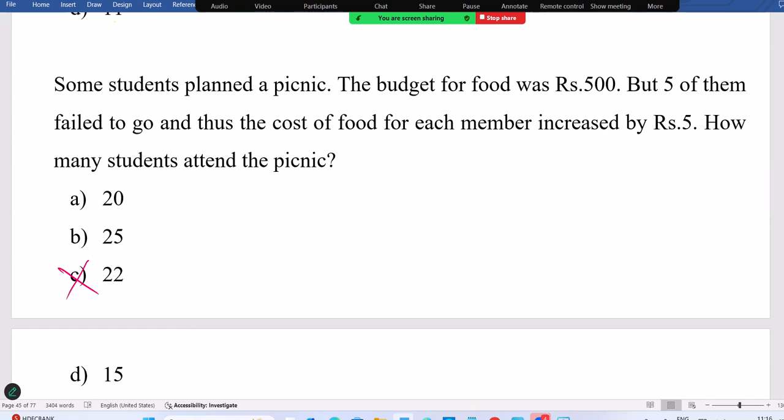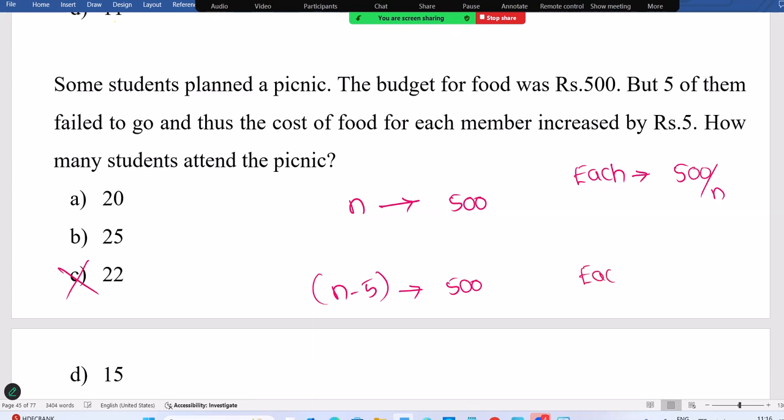We'll see. Here 500 rupees is the budget. Some n students want to go for a picnic. 500 rupees is the total budget, so each one will pay 500 divided by n. But 5 people failed to go, so n minus 5 is the number. The food cost is 500 only. Now how much each one should pay is 500 divided by n minus 5.